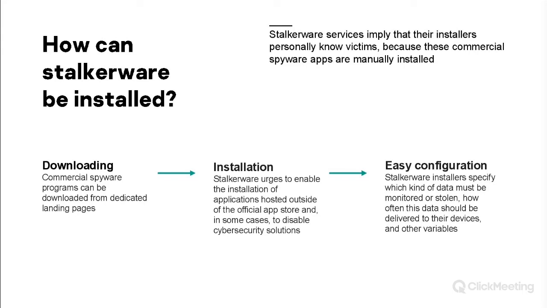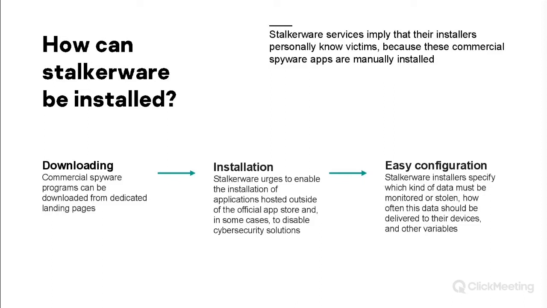And after the abuser has done this, he or she needs to get physical access to the device. And then it's a matter of some configuration steps, so that he or she can surveil the phone all the time.